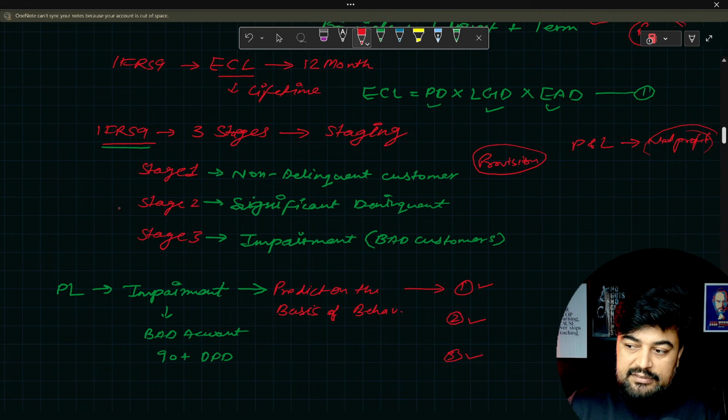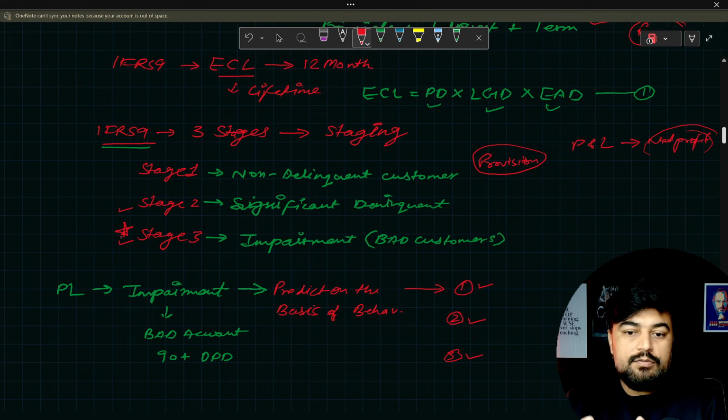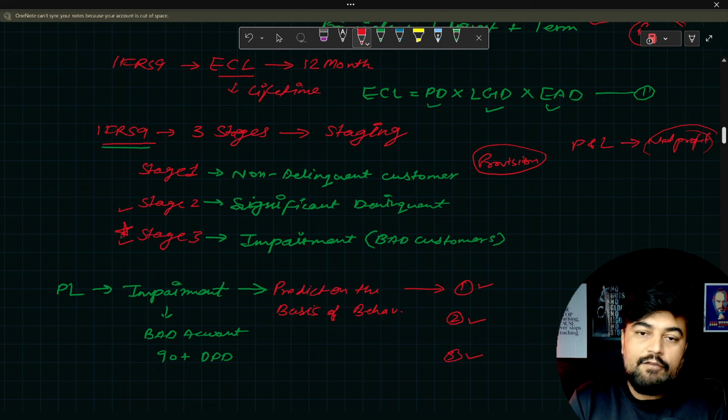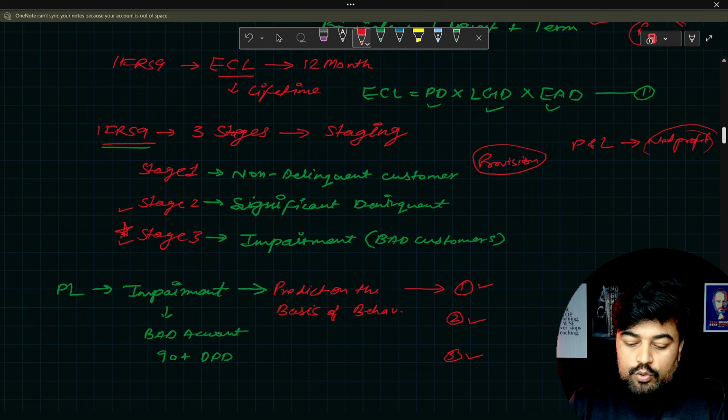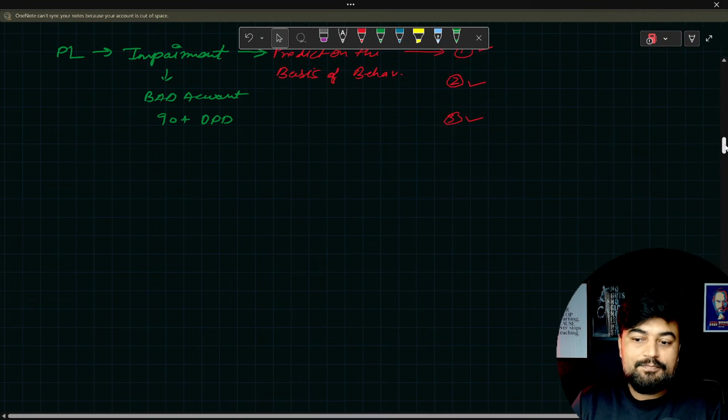Okay, especially stage 2, stage 3, and more importantly stage 3. If impairment comes from stage 3, you should have enough money in your pocket from the profit and loss in terms of provision, so that you can avoid the shutdown of the bank, so the bank can function. Okay, now this is very important.